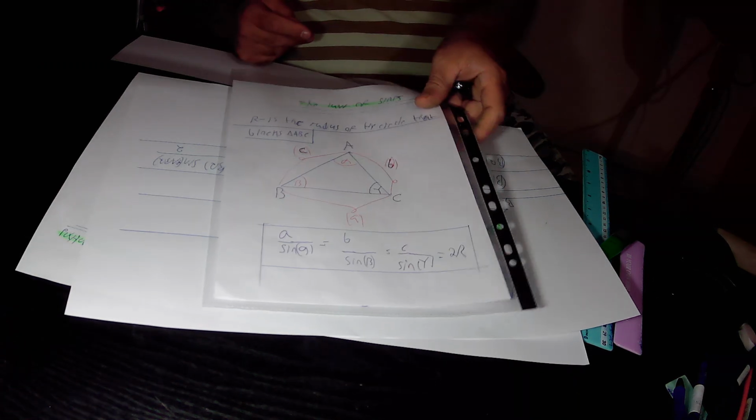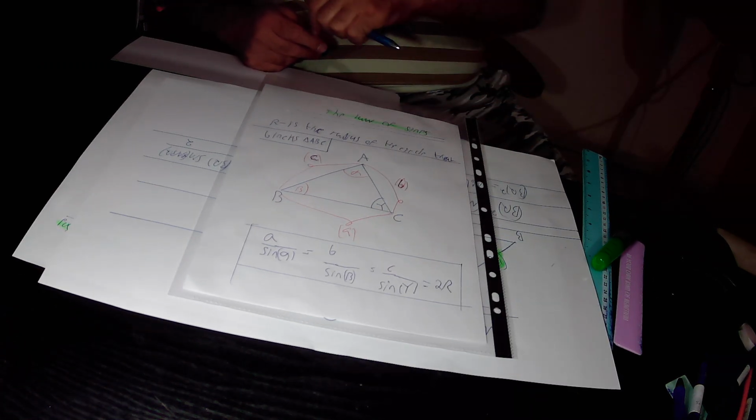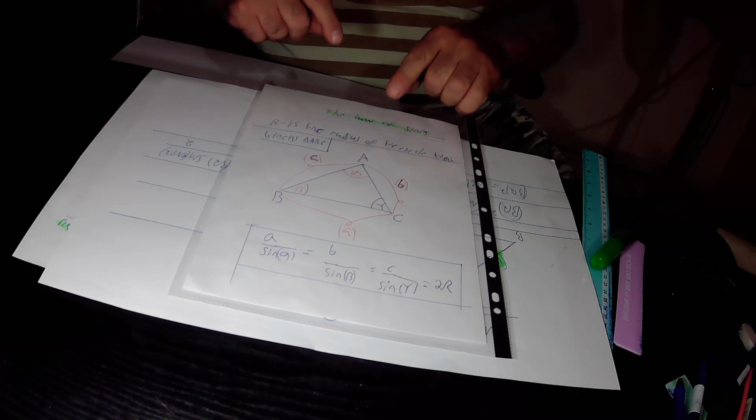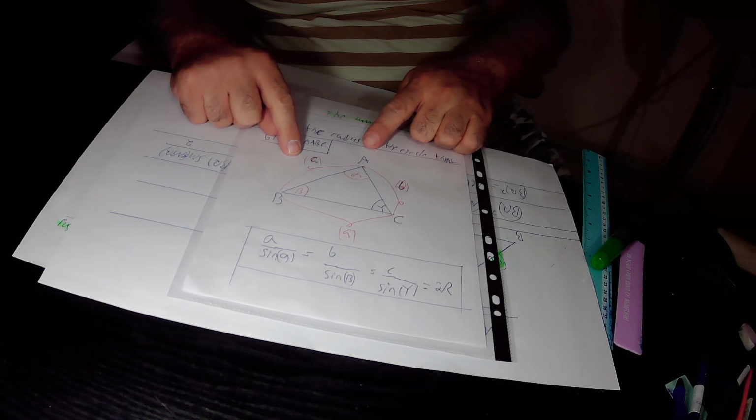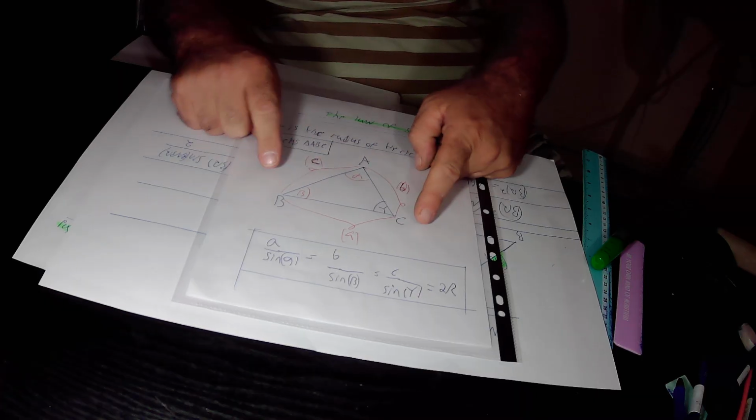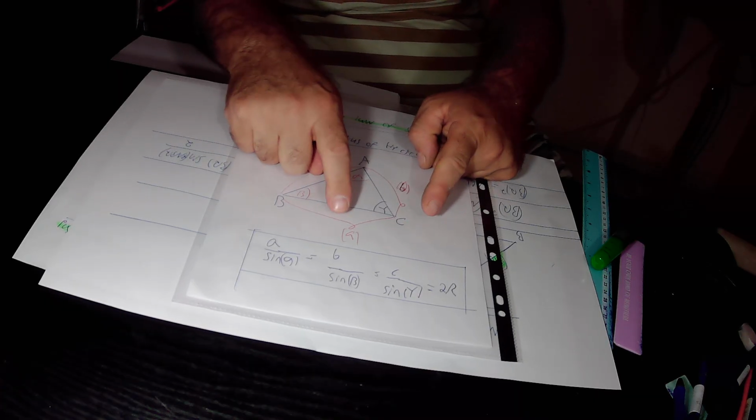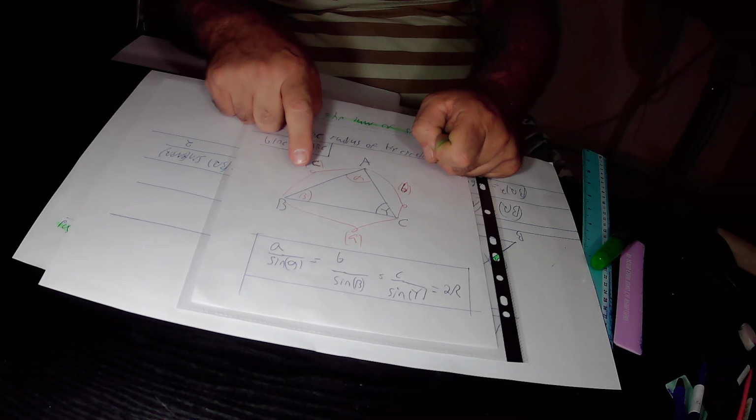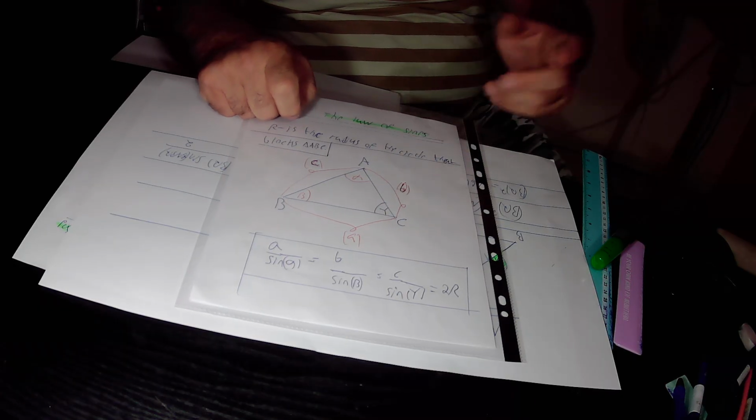The law of sines is true in any triangle. This is triangle ABC that could be any triangle. Side AB is c units, side AC equals b units, and side BC equals a units. This is angle alpha, this is angle beta, and this is angle gamma.